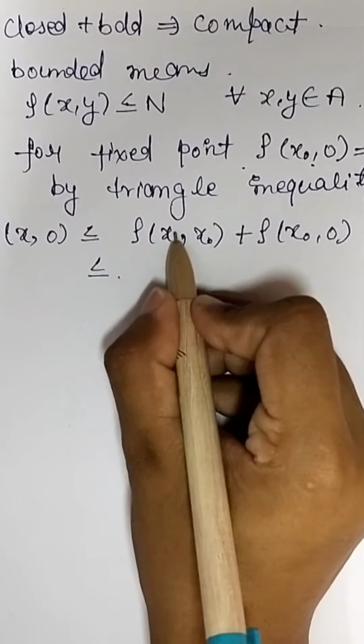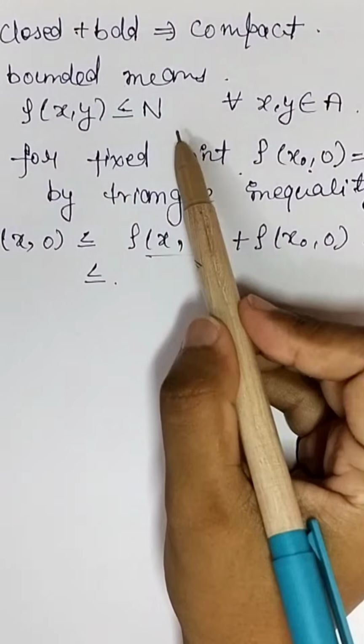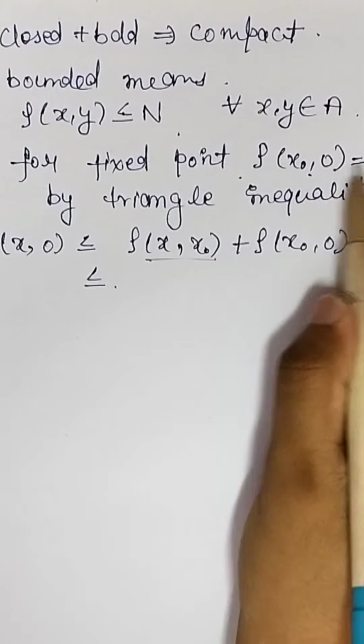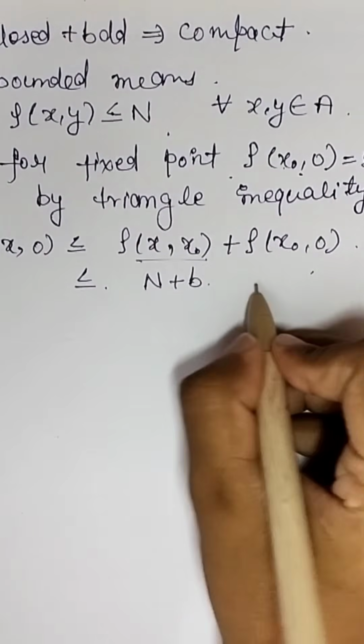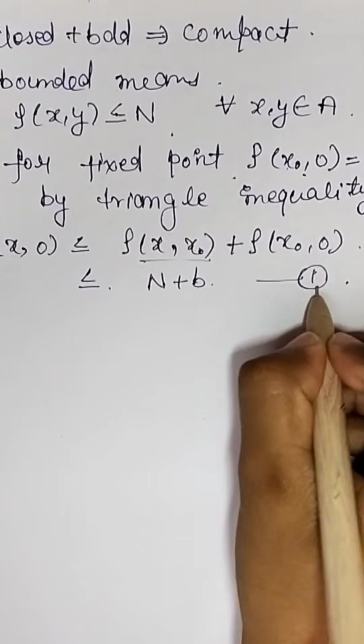The distance between x and x naught is less than n and the other is b. Let it be equation number 1.